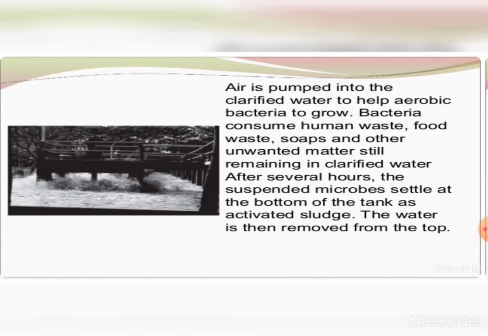Bacteria consume human waste, food waste, soaps, and other unwanted matter still remaining in clarified water. After several hours, the suspended microbes settle at the bottom of the tank as activated sludge. The water is then removed from the top.